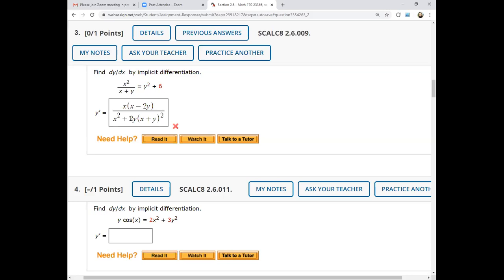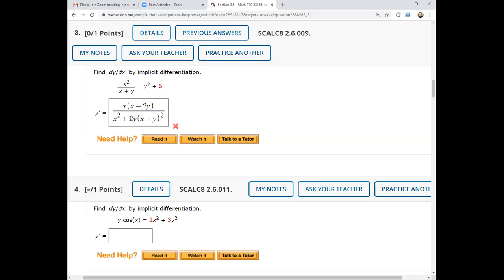I messed up the algebra somehow, I just don't know how yet. And then the derivative of y squared is 2y dy dx. It could also be the format that I have it in.